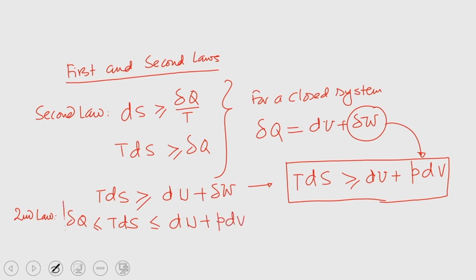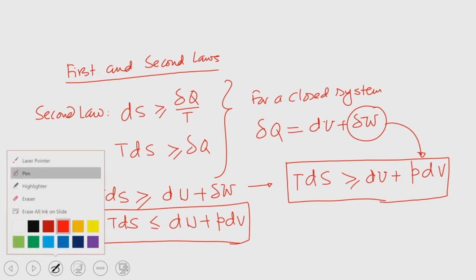So, this is what we are getting from the second law and property relation. T dS is greater than or equal to du plus P dV, and here delta Q is less than or equal to T dS equal to du plus P dV.